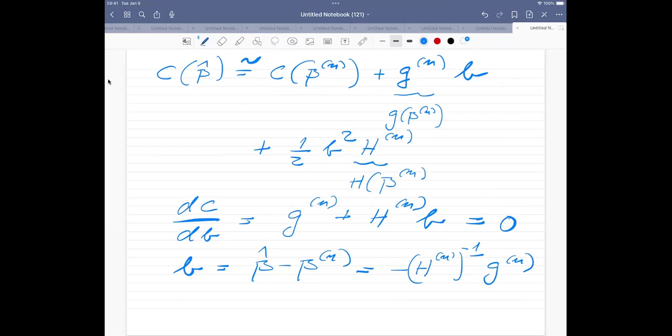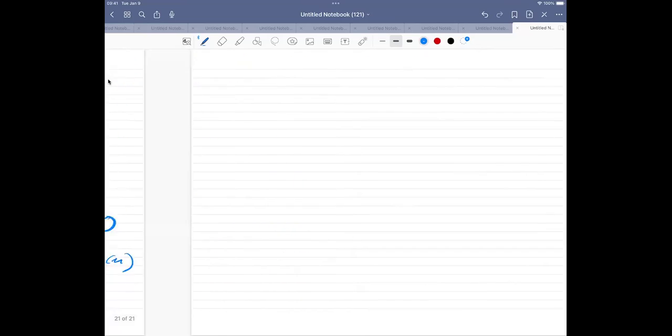And now I'm going to assume that I solve this iteratively. So I start with a guess of beta 0. And then that means that my beta optimal is now simply going to be replaced by iteration n plus 1. Okay? And if I do that, I reorder.